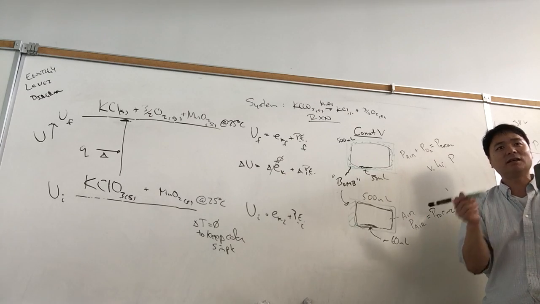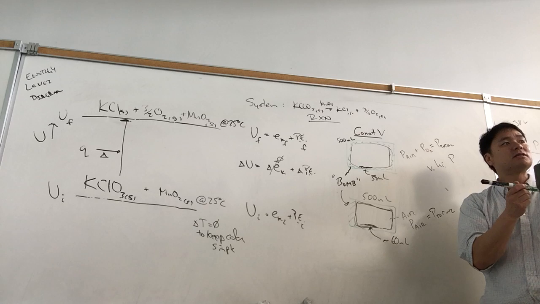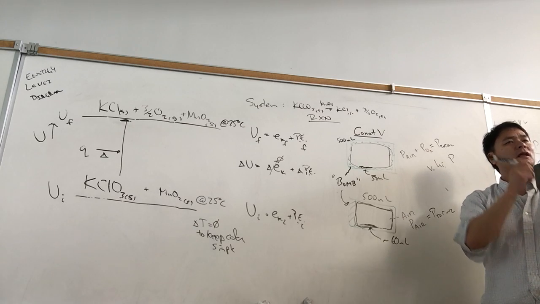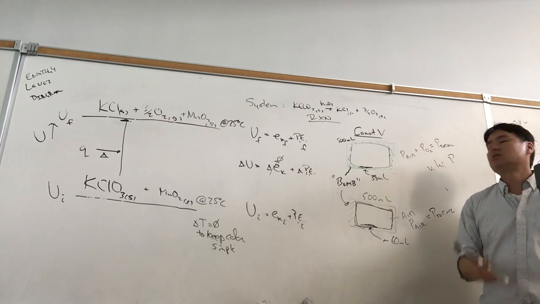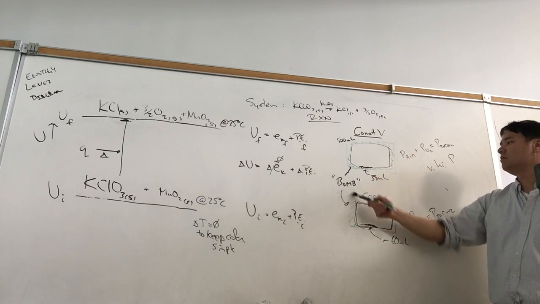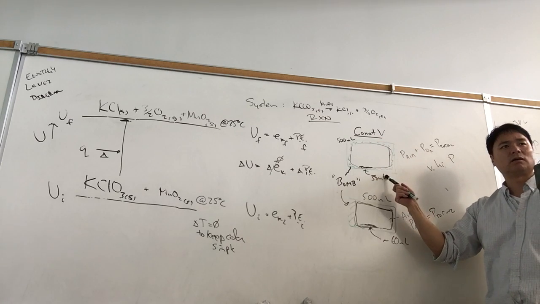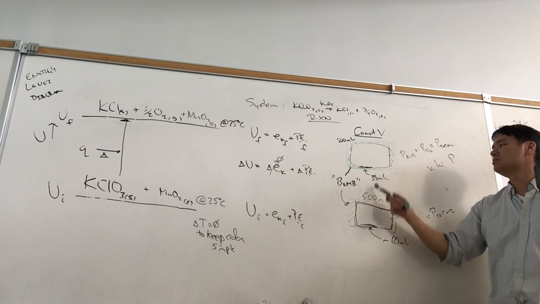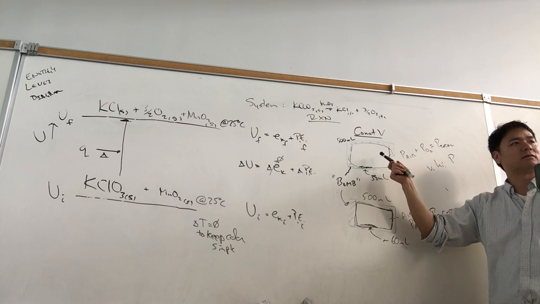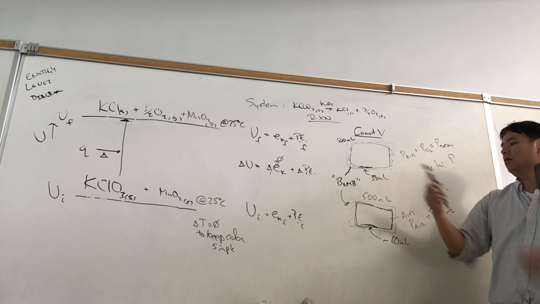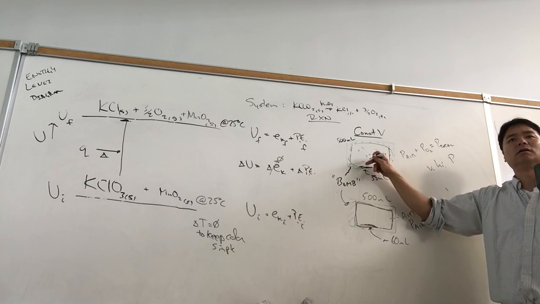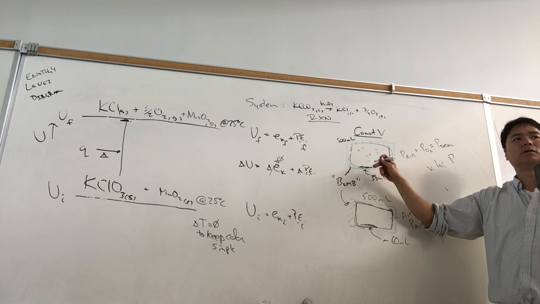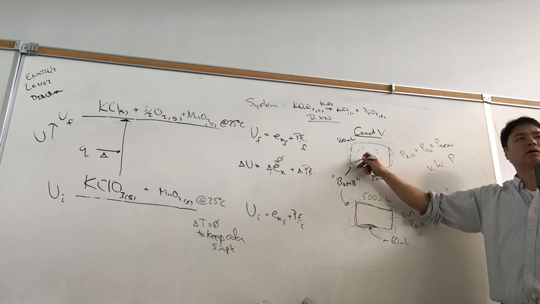Is that going to do anything? No, there's going to be more collisions, but is it going to be more work to put another O2 in empty space? No. And so when we do this under constant volume, we don't do any work, because the O2 is just being generated into empty space. And you just have more molecules of O2 in there. A lot more molecules just means more collisions with the wall, higher pressure. But there's no additional work.